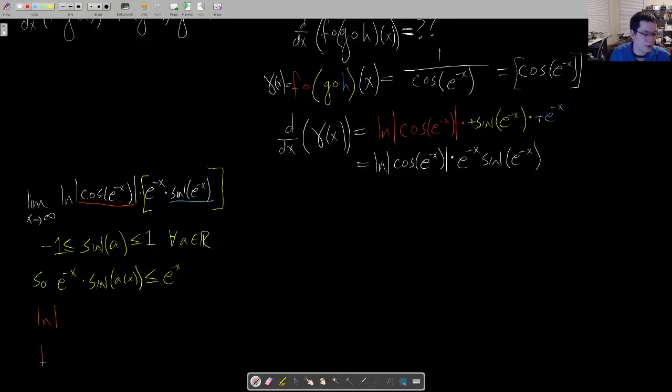So the absolute value of cosine of e to the negative x is greater than 0 and less than or equal to 1 for all a in the real numbers. Okay, now this is odd.